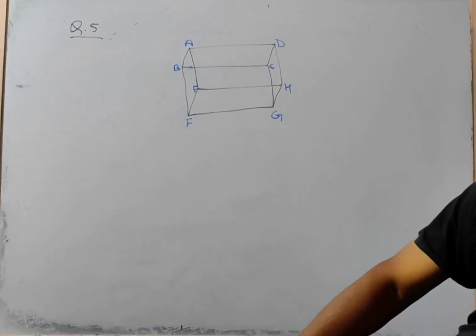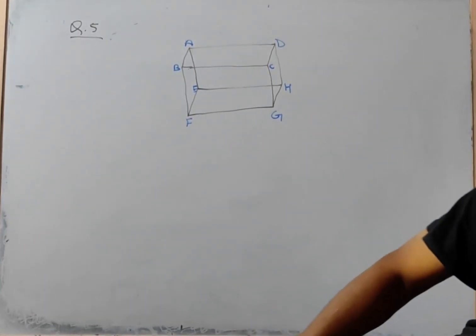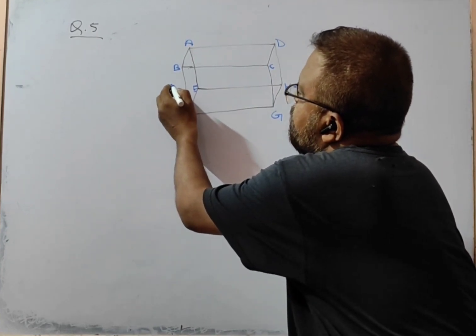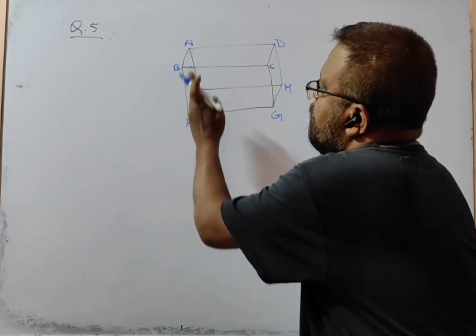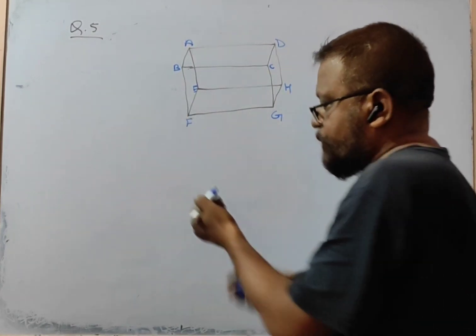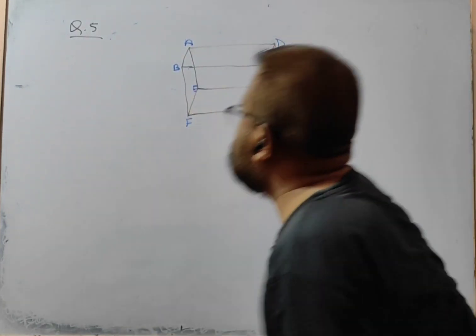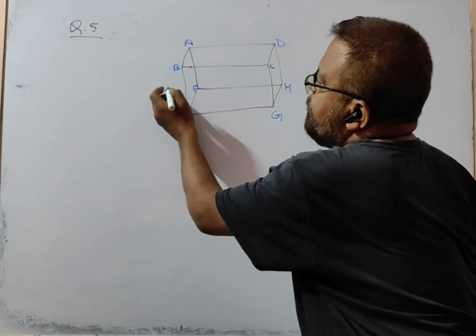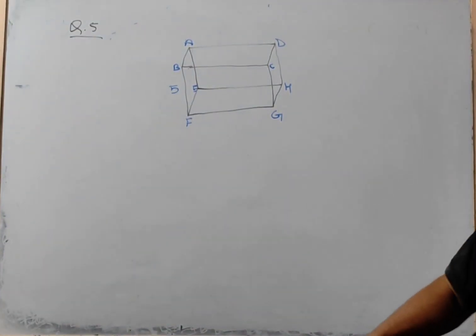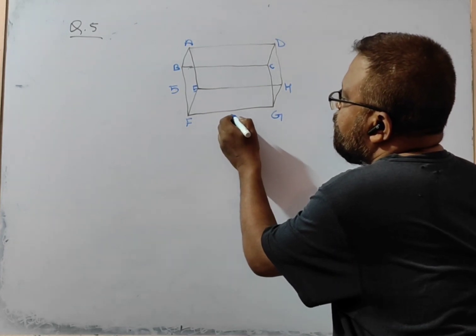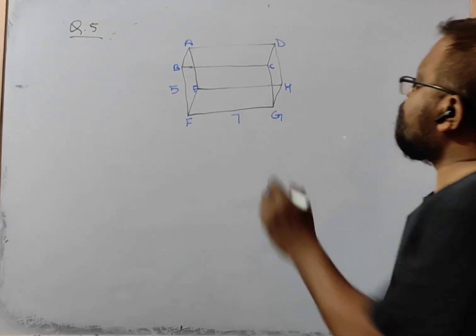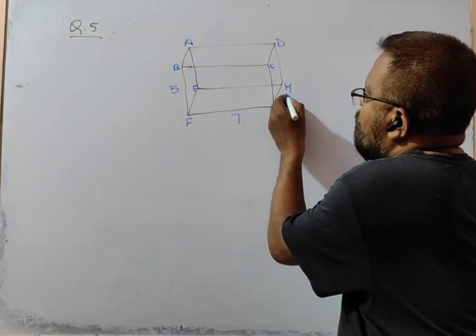And it is given to us that the height is 5, the length is 7, and the breadth is 4, right?